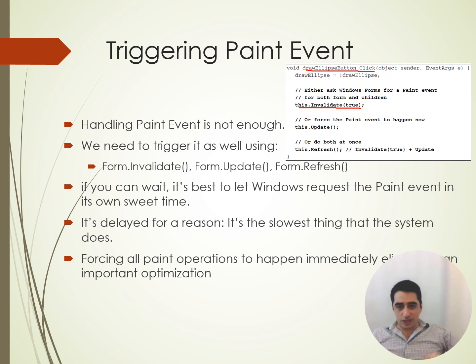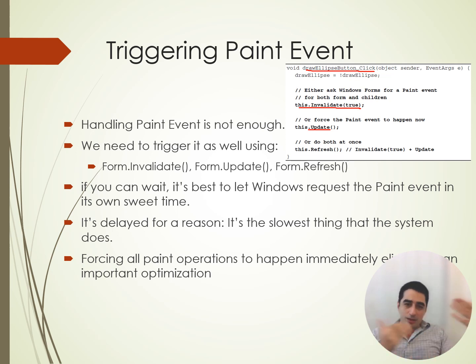So whenever you get a chance, let's refresh it, right? Or you can basically use Update. That's going to force the Paint event to happen. It's a little bit more urgent than the Invalidate one.